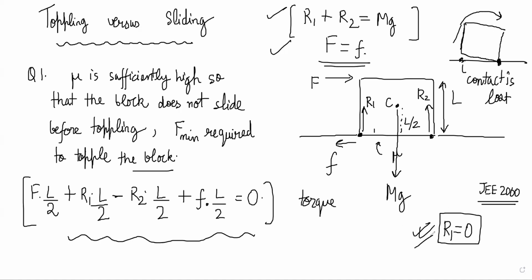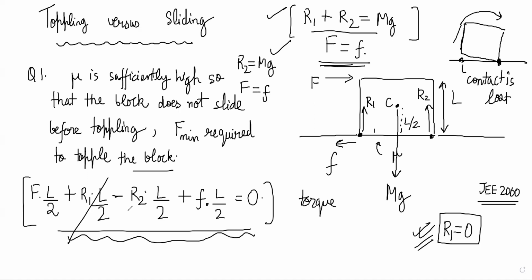Now we put R1 equal to 0 in all of these equations, the force balance equation and the torque balance equation. What we get is R2 should be equal to mg, capital F should be the same as small f. And from the torque equation, with R1 equal to 0, we get F plus f is R2.